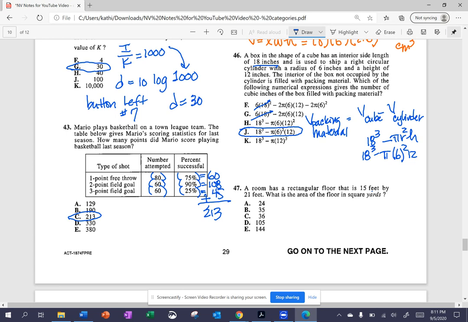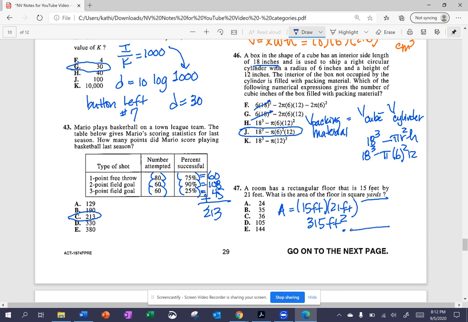47. A room has a rectangular floor that is 15 feet by 21 feet. What is the area of the floor in square yards? So the area is 15 feet times 21 feet is 315 feet squared.